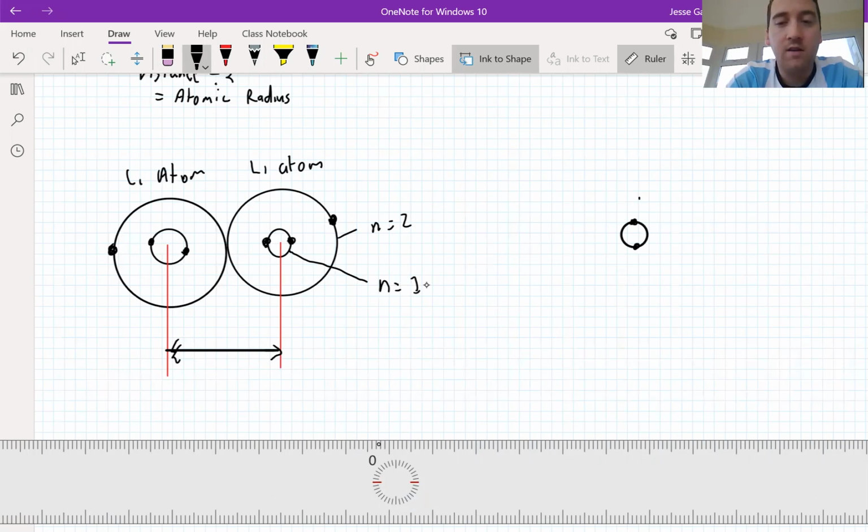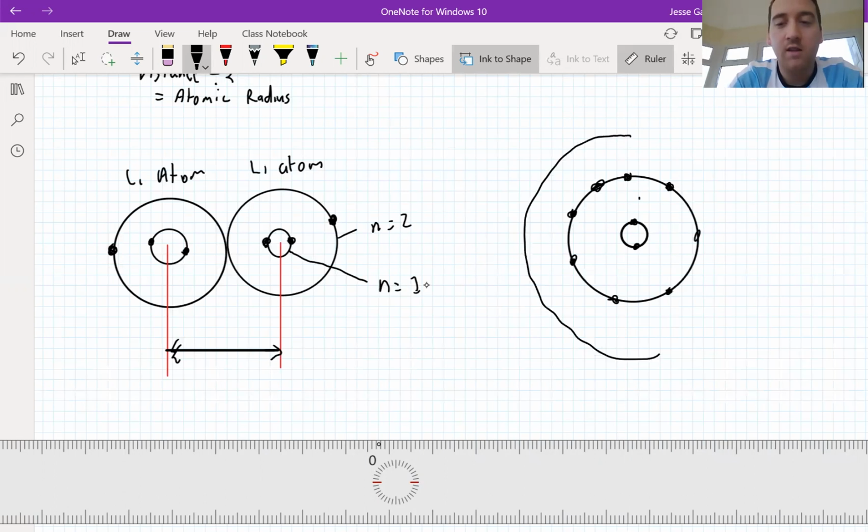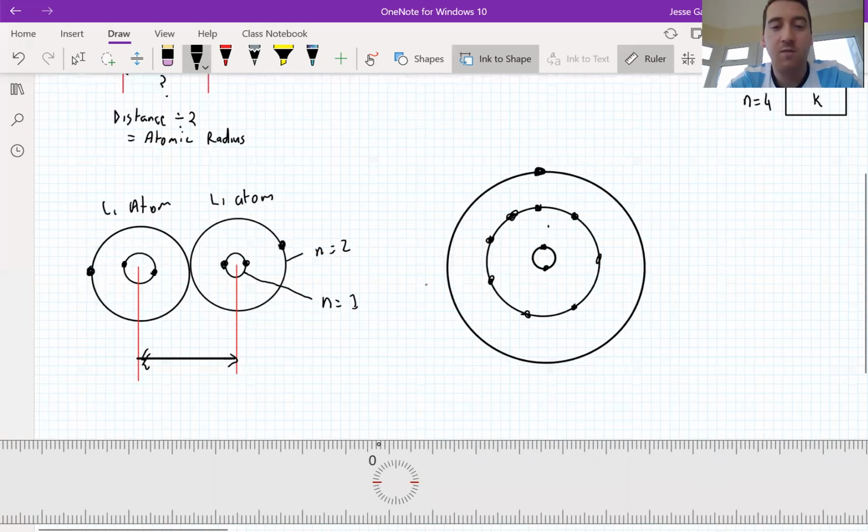It's got 8 electrons in the second shell: 1, 2, 3, 4, 5, 6, 7, 8. And it's got 1 in the outer shell as well, but this is in the third shell.